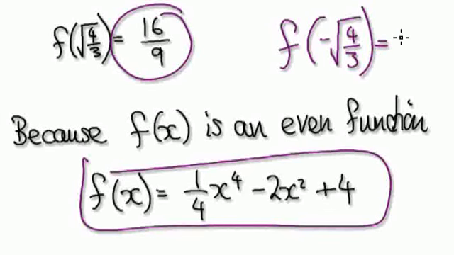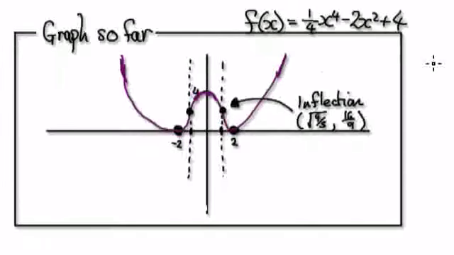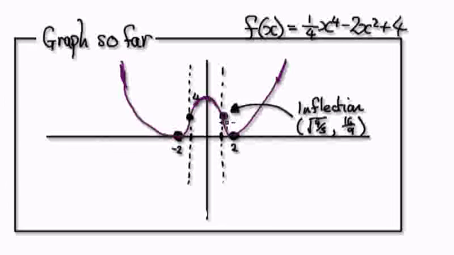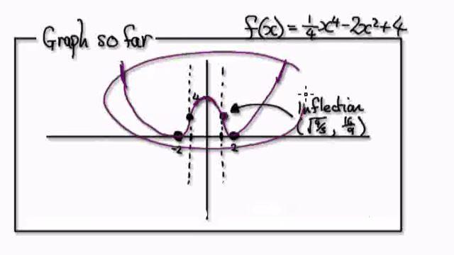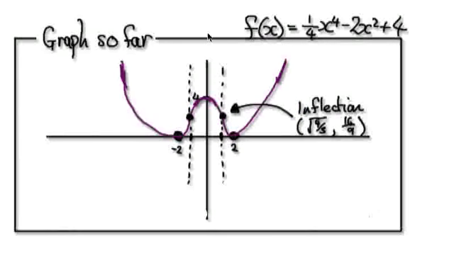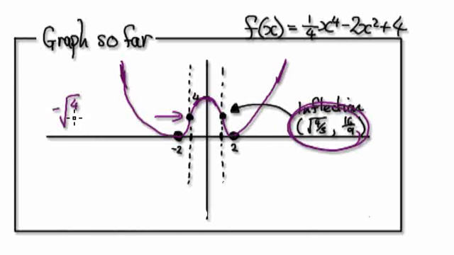So once you've got your coordinates here, then realize that this is an even function, meaning that if you reflect it along here, it will be the same. So the coordinates here will be minus root 4 over 3, comma, 16 over 9.